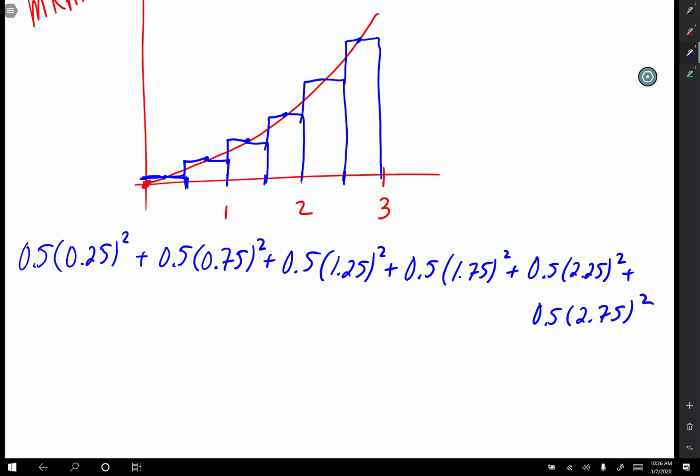I'm going to go 0.25 squared plus 0.75 squared, plus 1.25 squared, plus 1.75 squared, plus 2.25 squared, plus 2.75 squared.